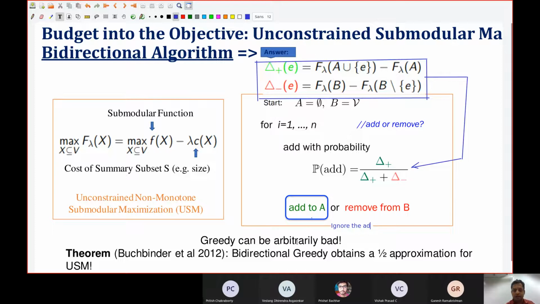So ignore the addition if delta plus is negative, and ignore the deletion if delta minus is negative.